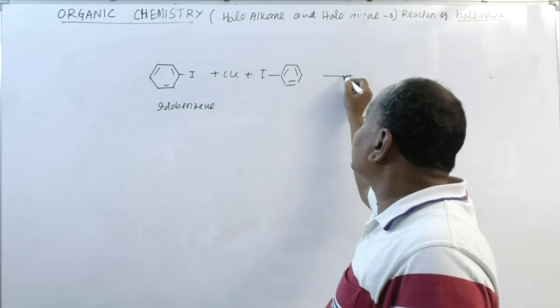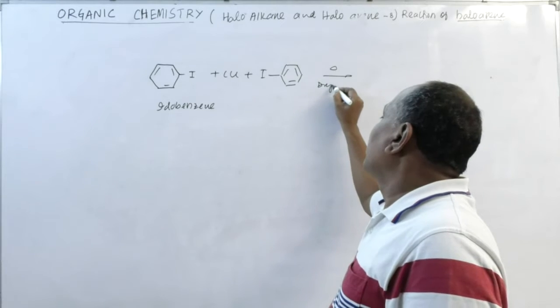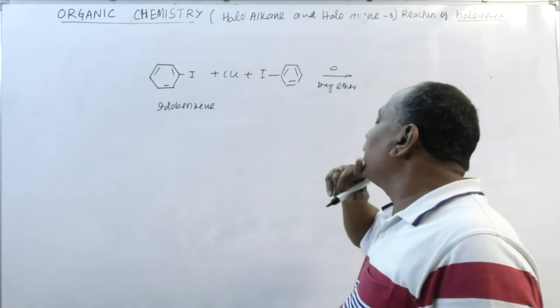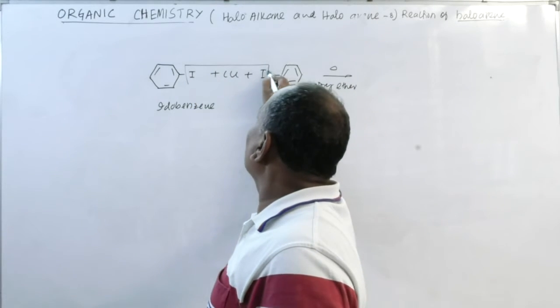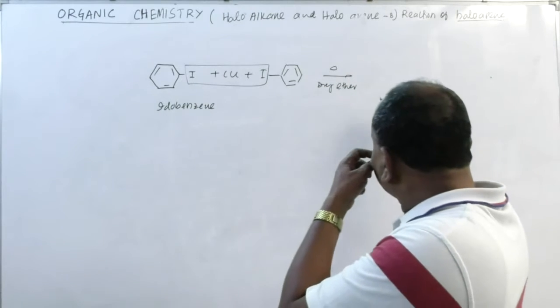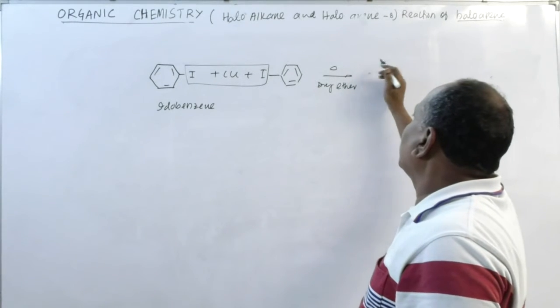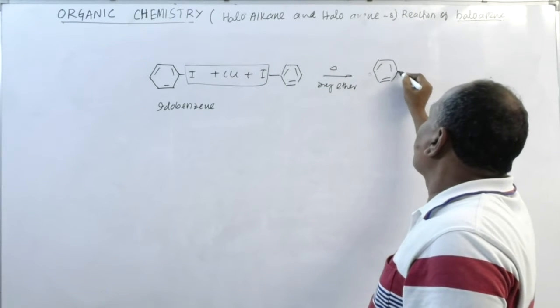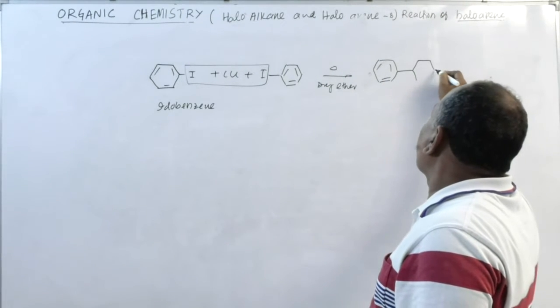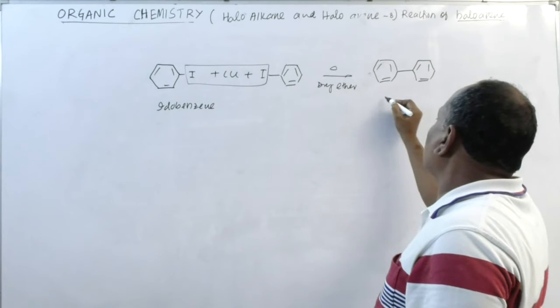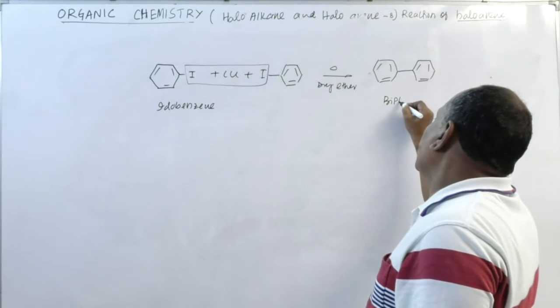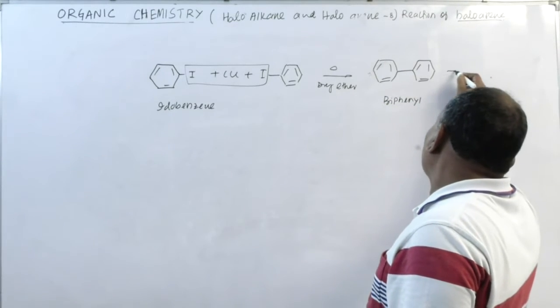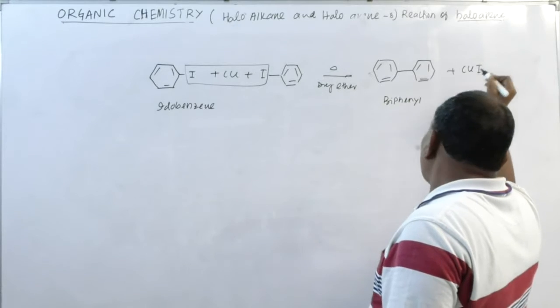When you heat this in dry ether medium, it loses CuI, and the same compound forms biphenyl, plus CuI.